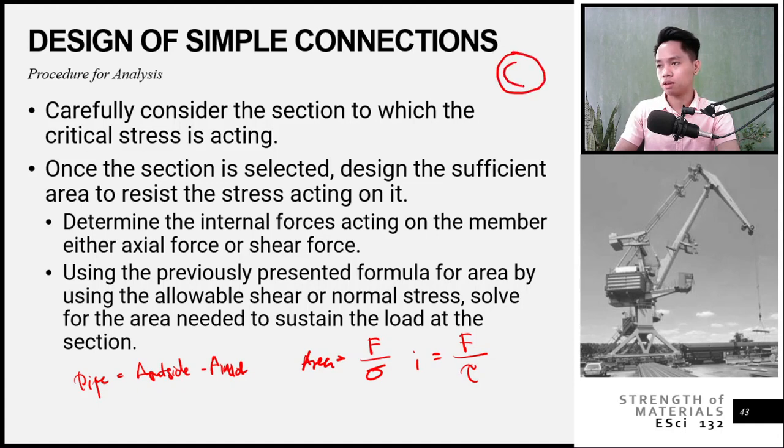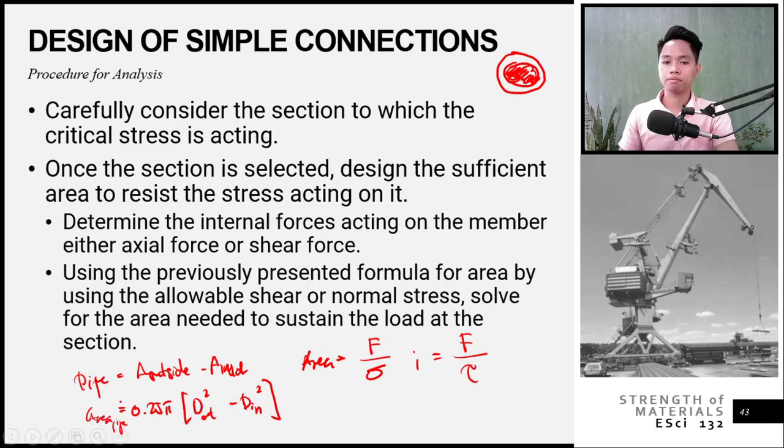Hollow man ni siya, so therefore ang dako, iba na nimo sa gamay. So, outside minus inside. The simplified formula using diameter would be 0.25 pi times D out squared minus D inside squared. That would be the area of your pipe.